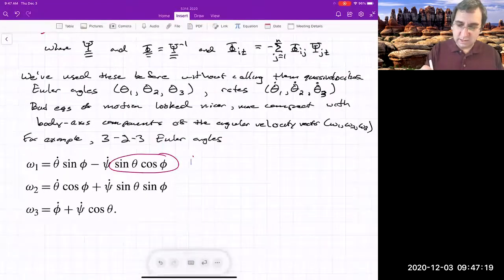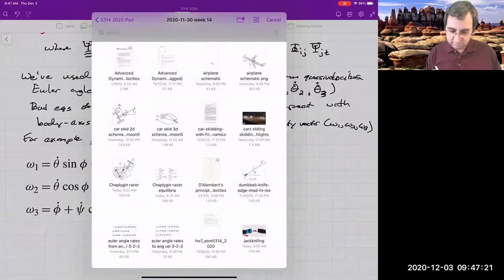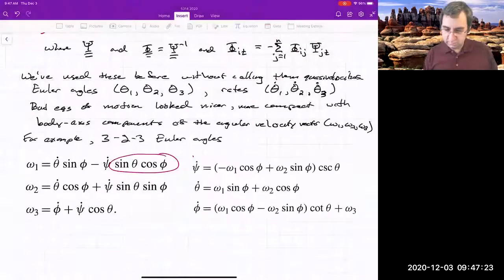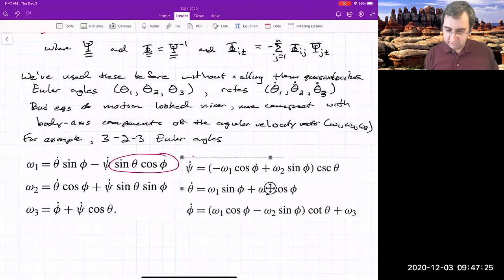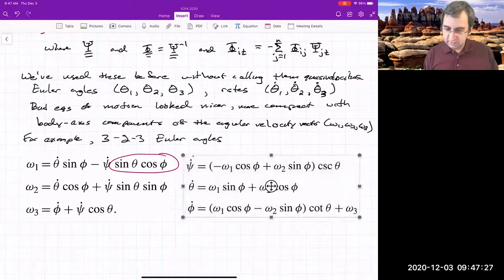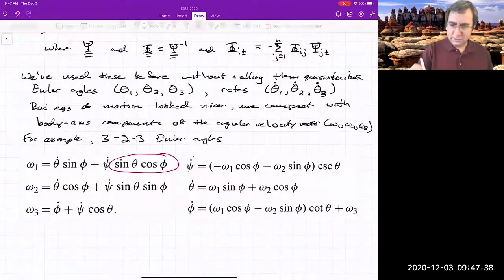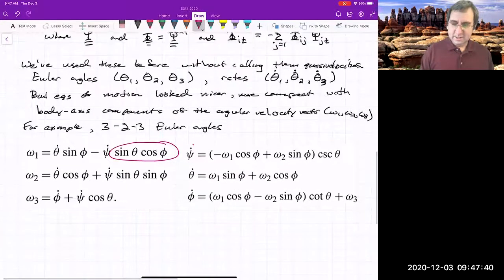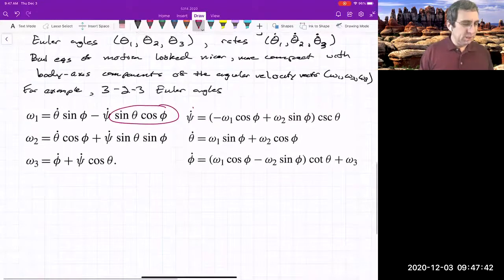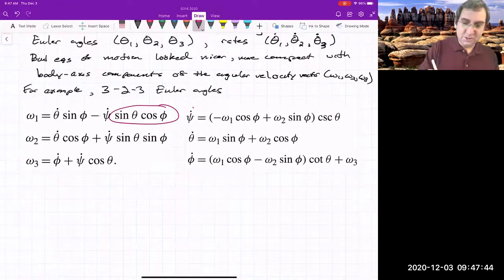You can invert the matrix, and then you would get something like this, right? So we've seen this before. We just didn't call it quasi-velocities at the time, but this just means that this sort of procedure generalizes.